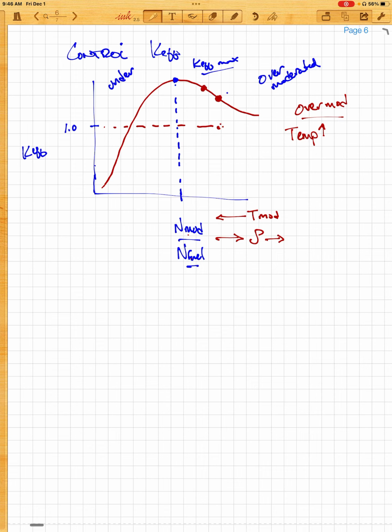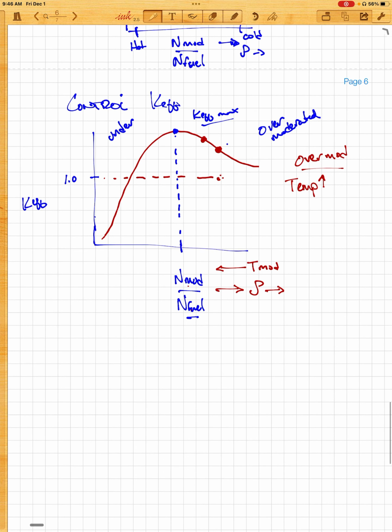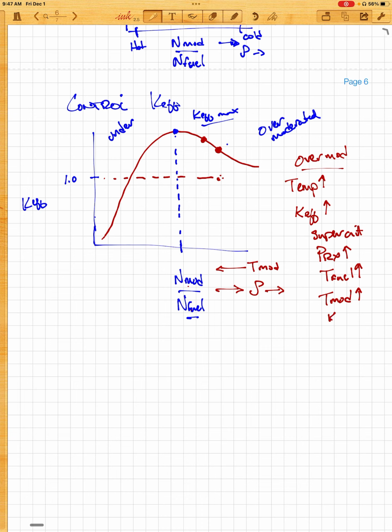Temperature of the moderator goes up, and that means K effective goes up, and that means supercritical, and that means reactor power goes up, and that means temperature of the fuel goes up, and that means temperature of the moderator goes up, and that means K effective goes up.